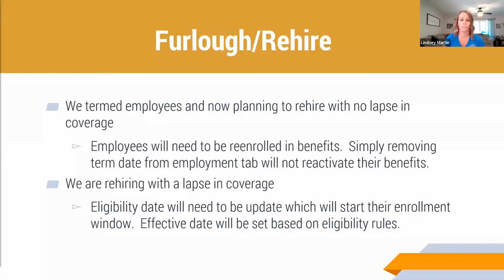So I think we have a lot of different situations across a lot of different employers and how they're choosing to handle this. And I will say it is a case-by-case basis. So if you do have employees that you would like to rehire, definitely reach out to your customer success manager and we can assist with what the best process is to take care of that. We've seen a lot of termed employees that they want to just make them active again and keep their coverages, no lapse in coverage.